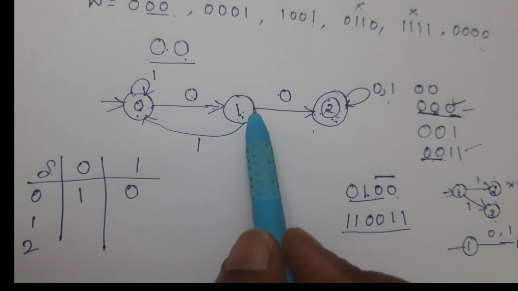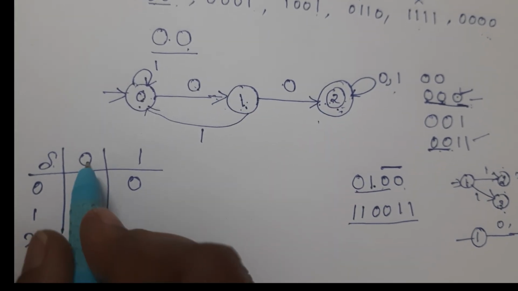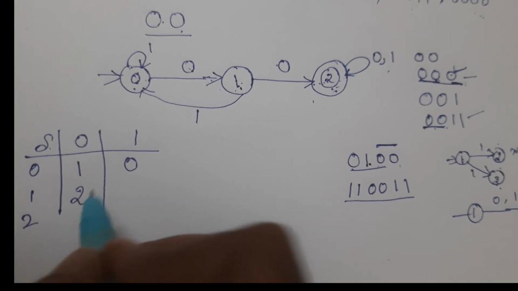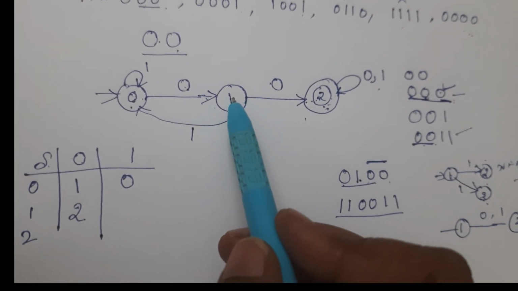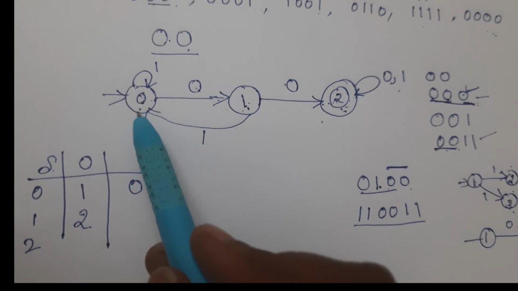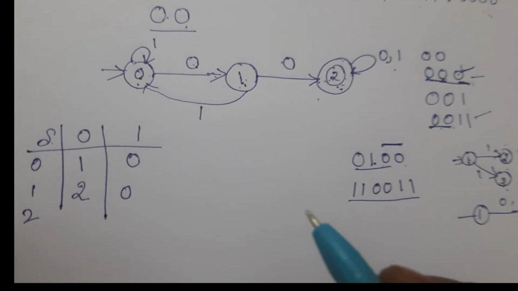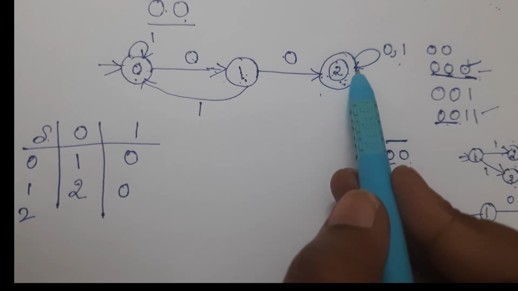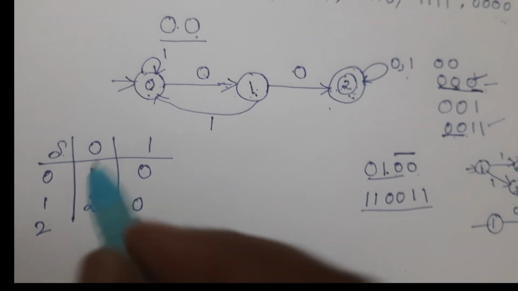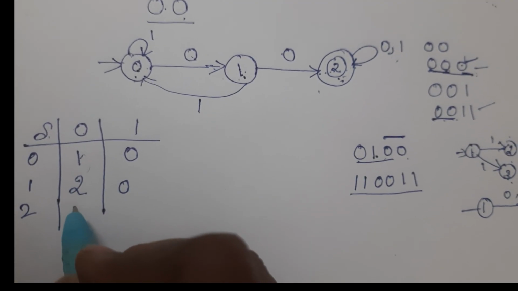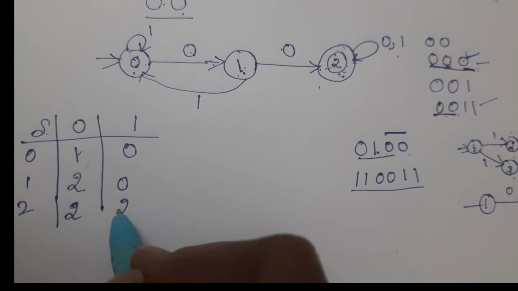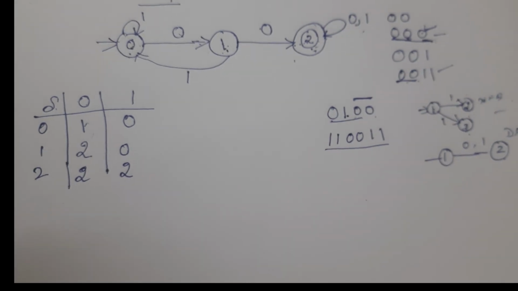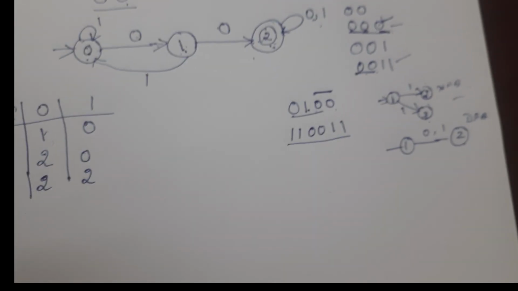From 1, if you give 0, it will move to state 2. From 1, if you give 1, it will go back to 0. From 2, if you give 0, it will stay here. If you give 1, it will stay here. Do you understand this?